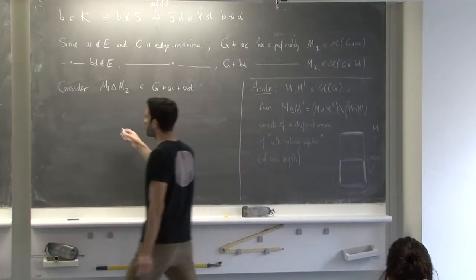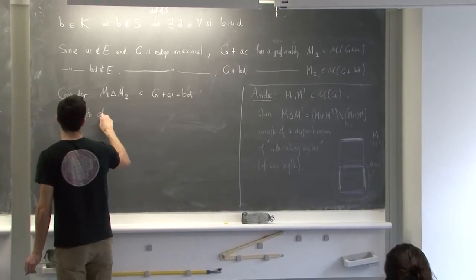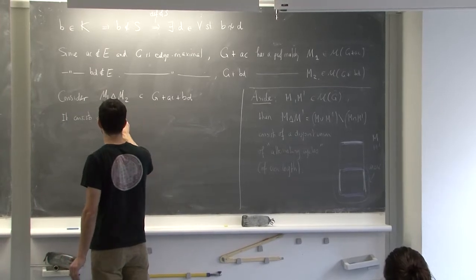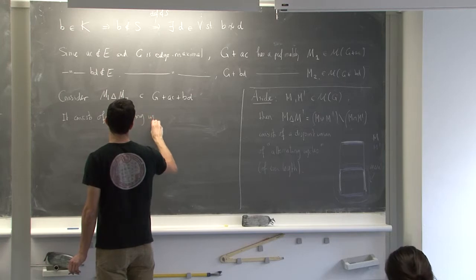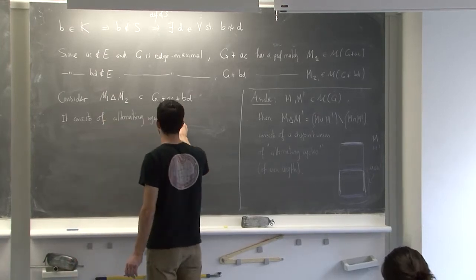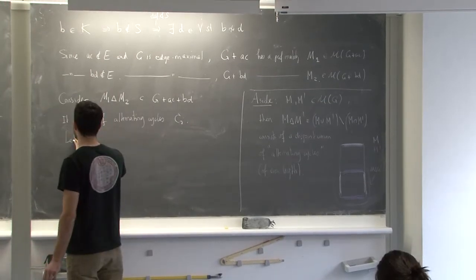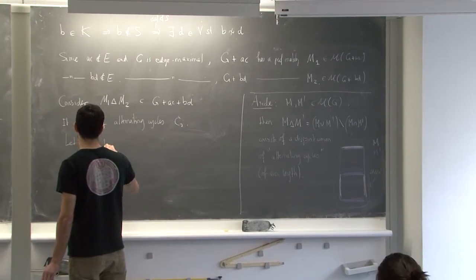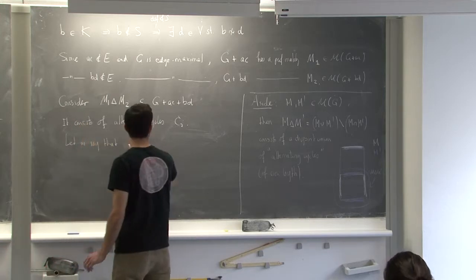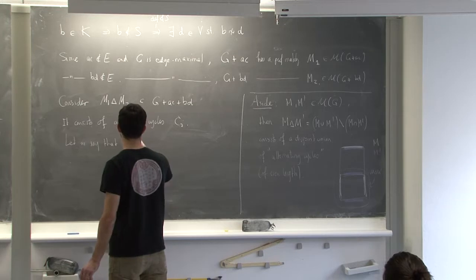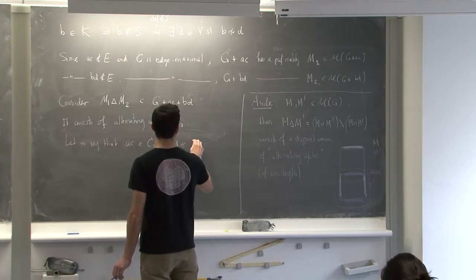Okay, so it consists, as we said, of alternating cycles, Ci. So let's say that AC belongs to C1 and that BD belongs to C2.